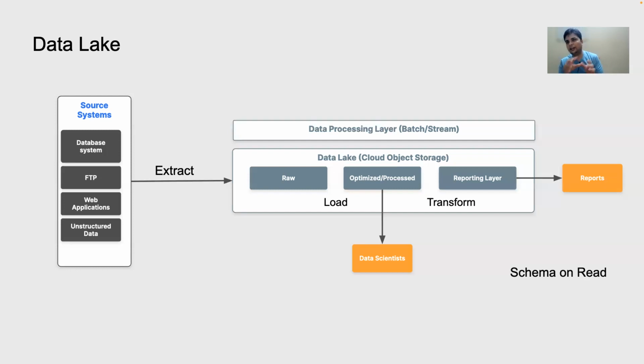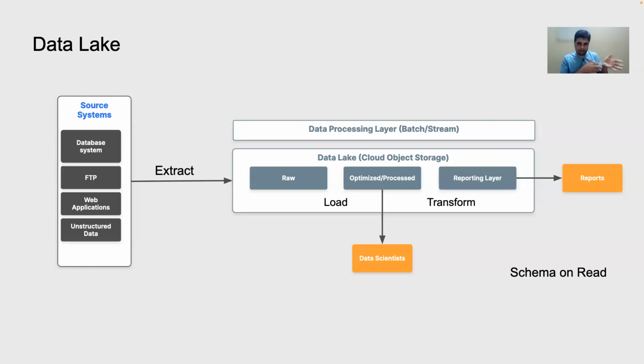You have a reporting layer, and this is where the transform is applied. Now you are saying, okay, I need a report to be published, so I need the data in a particular schema. So you are transforming it to a particular thing. So here it's no longer ETL, which is extract, transform, and load. Whereas here it's extract, load, and then transform. So we are getting the data as it is.